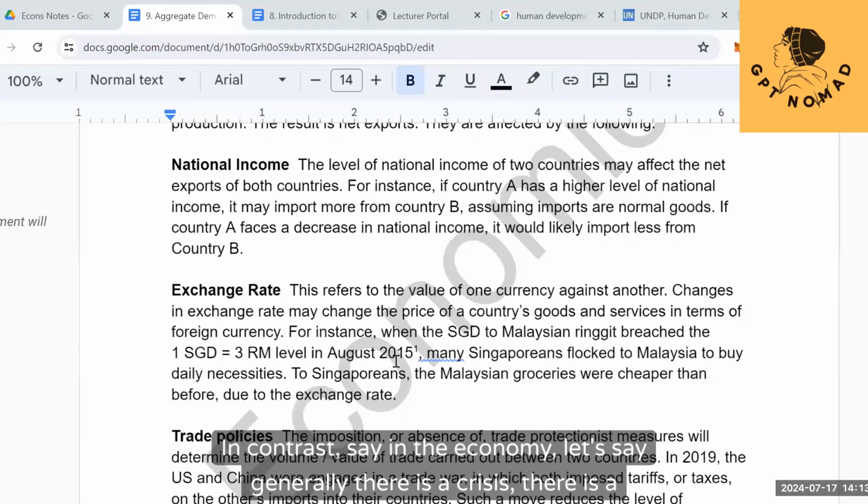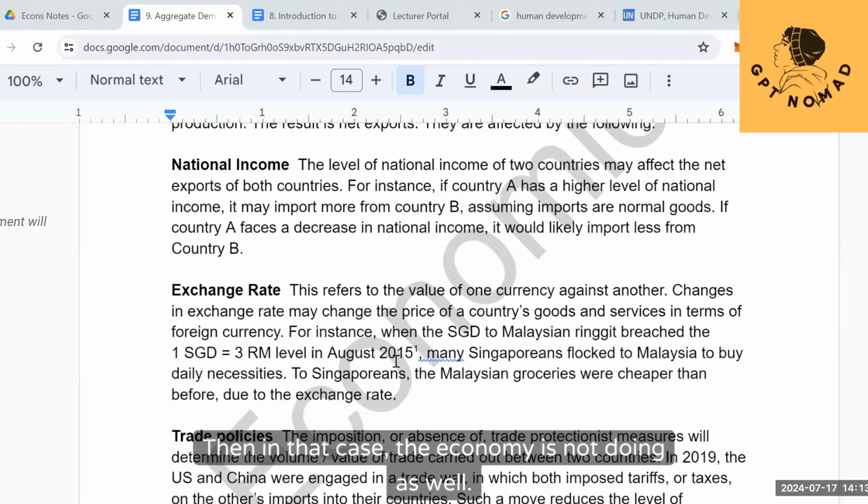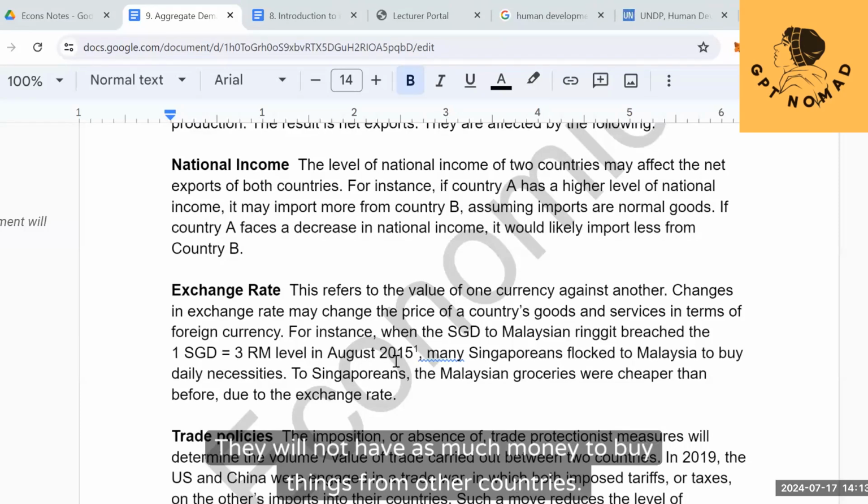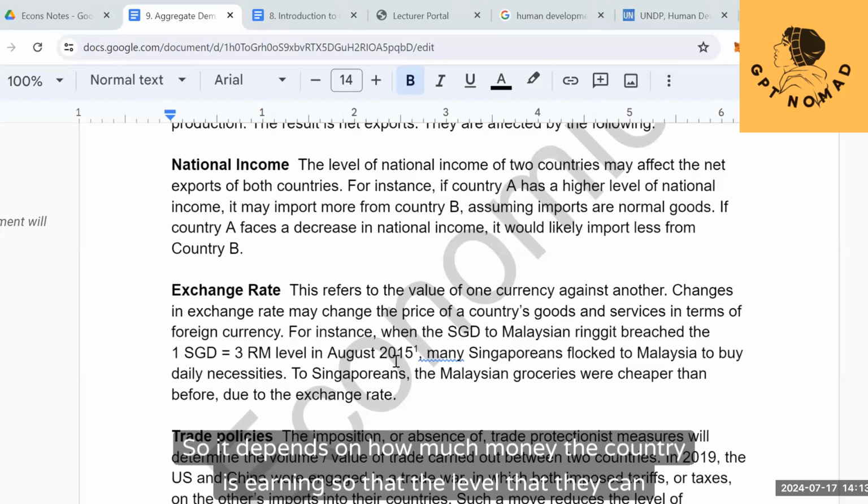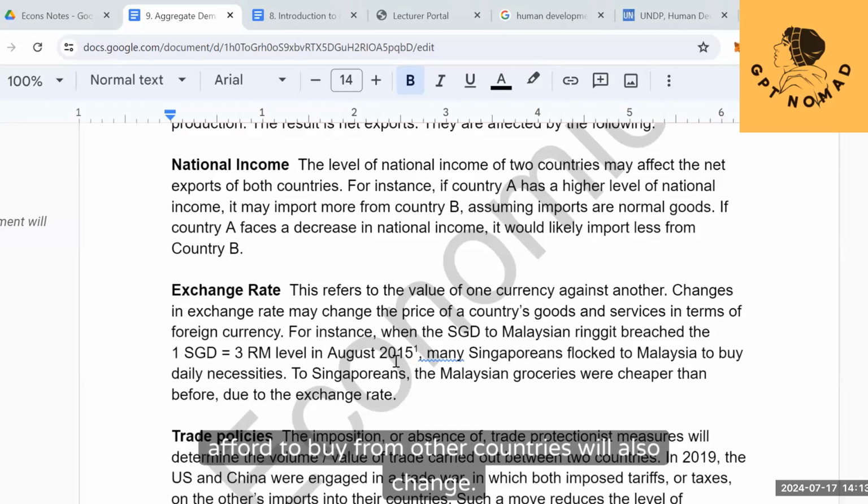In contrast, let's say there is a crisis, a recession. Then the economy is not doing as well. They will not have as much money to buy things from other countries. So it depends on how much money the country is earning, so the level that they can afford to buy from other countries will also change.